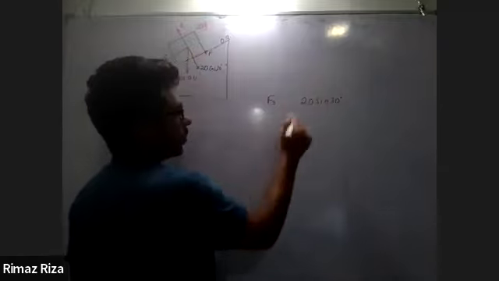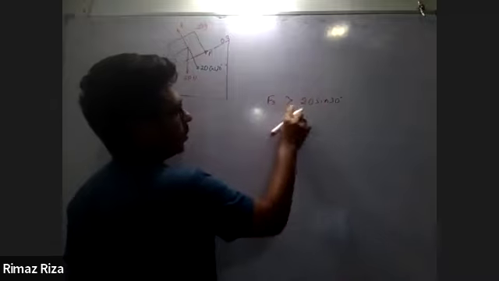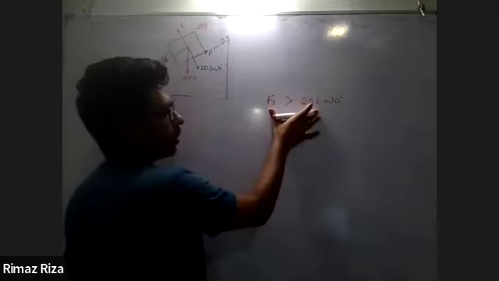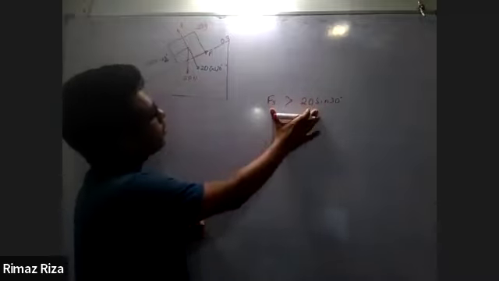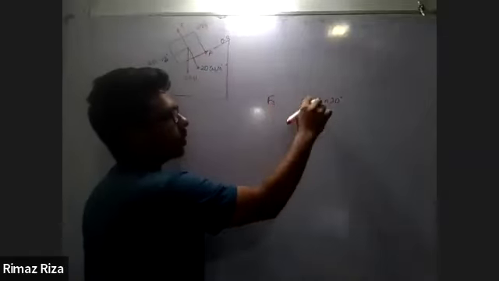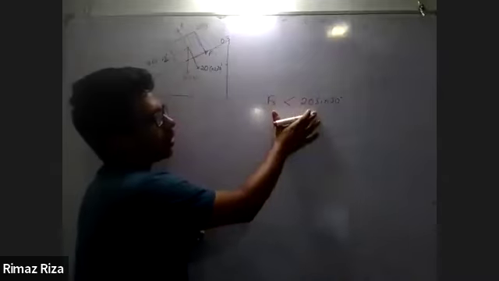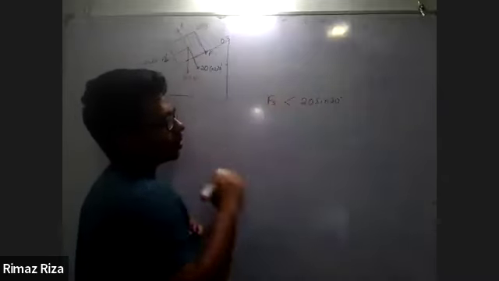You need to get this relationship either like this or this. If it's like this, then the object remains stable at rest. But if the unbalanced force is greater than the maximum force, then it will accelerate downward.